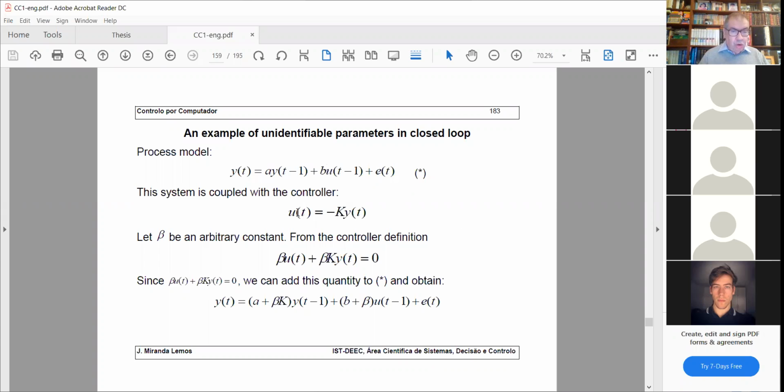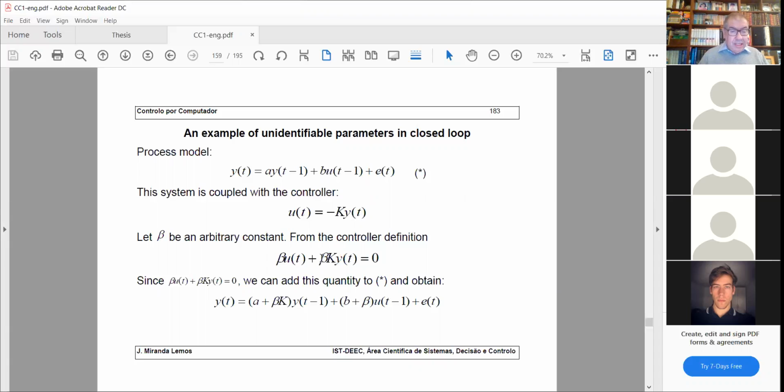So U and Y are bound by this equation, and you can multiply everything by a parameter beta that is constant and not zero, and you get an equivalent condition satisfied by U and Y. So for any beta that you place, U and Y are related by this equation here.